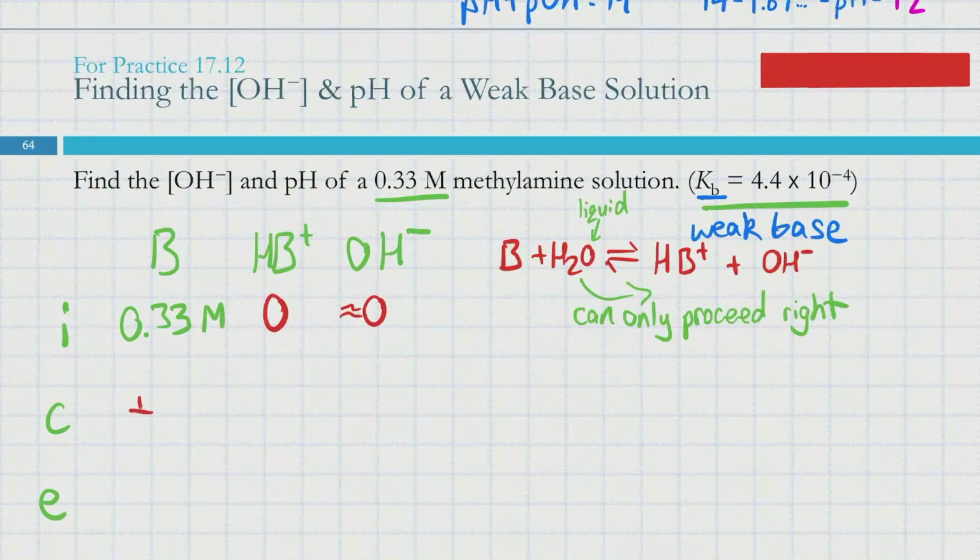So our change values are not plus x, but minus x for our base. And we're going to be producing some of our conjugate acid and hydroxide. So our equilibrium values, 0.33 minus x, x, and x, respectively.